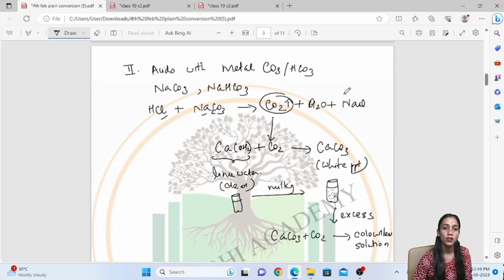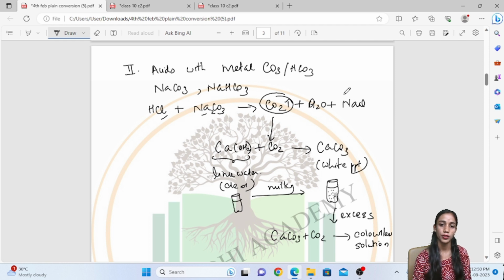So this is all we need to know about reaction of acids with metal carbonates and hydrogen carbonates. Also with metal hydrogen carbonates, the reaction gives the same products, which are carbon dioxide, water, and a salt.